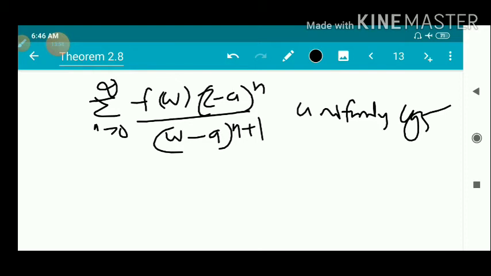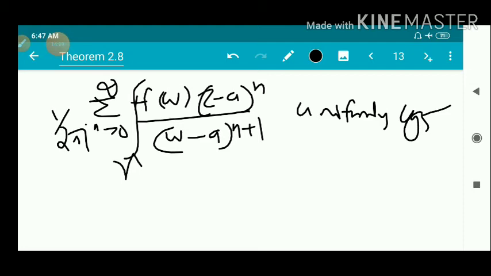So this series is convergent. Therefore, multiplying by 1 by 2 pi i, it also converges. Also, by integrating, where the term summation is replaced by integration, taking integration over gamma, this again converges.